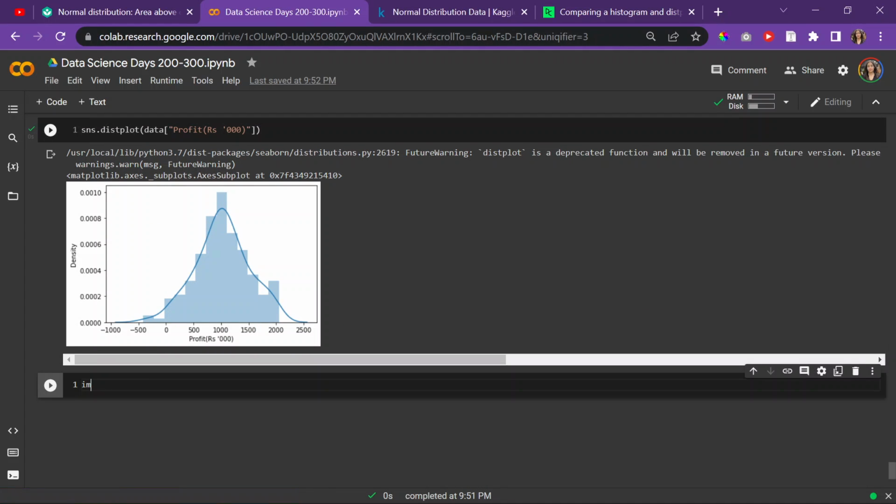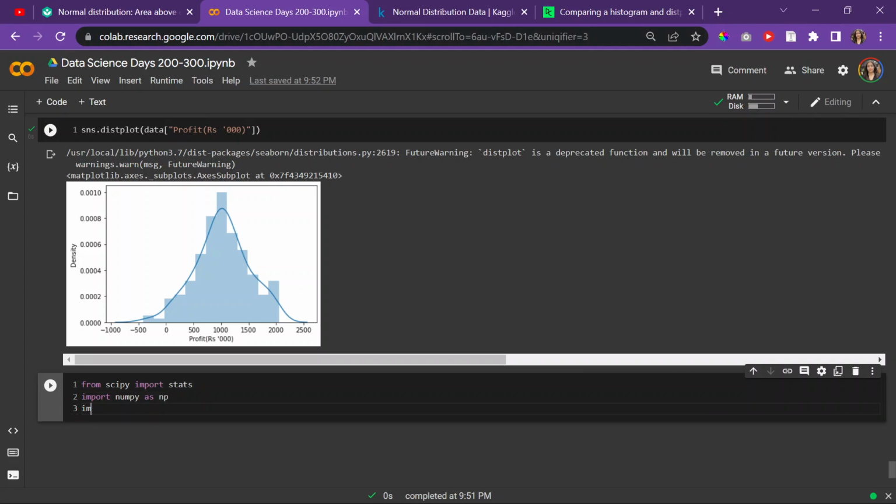If I import, actually from SciPy, I import stats, and then import NumPy. Maybe I'll import NumPy as np, or probably not. I'll go back to that. I already imported Matplotlib, so let me not do that. So then for my x, first of all, what are my x values?